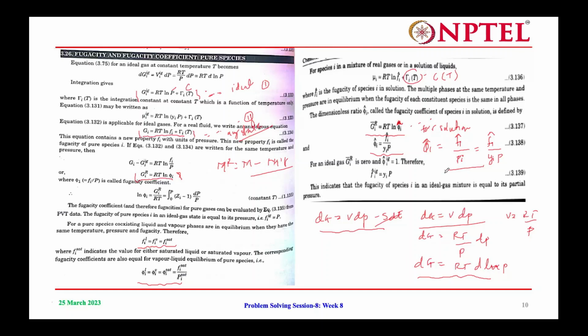When the real gas pressure tends to 0, this is the limit condition, it behaves like an ideal gas, right? So f by P equals 1 as P tends to 0. So the fugacity coefficient is 1. So at that condition, Gi with superscript R with bar is 0.